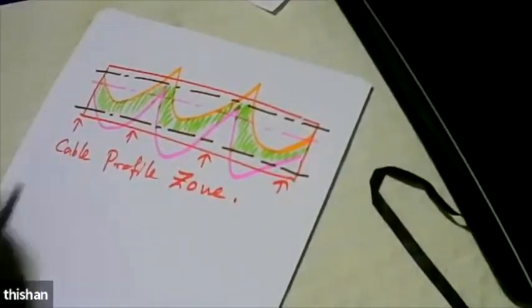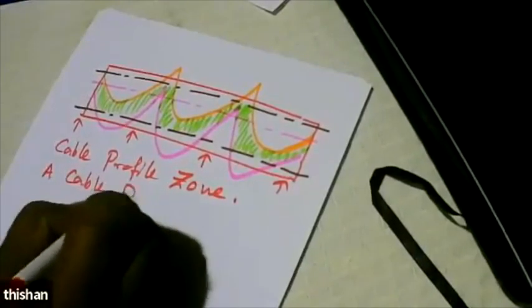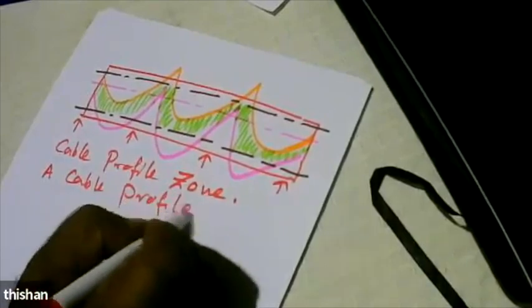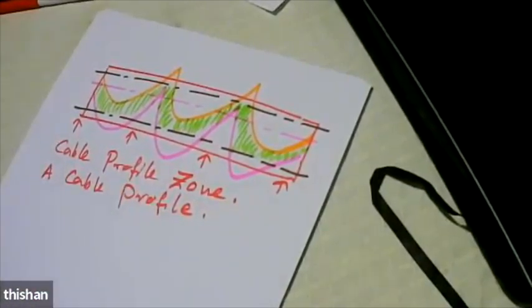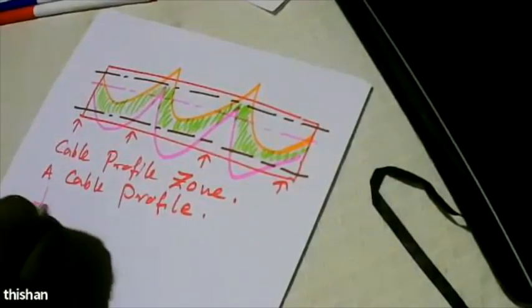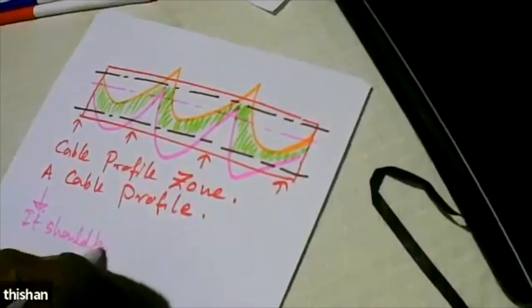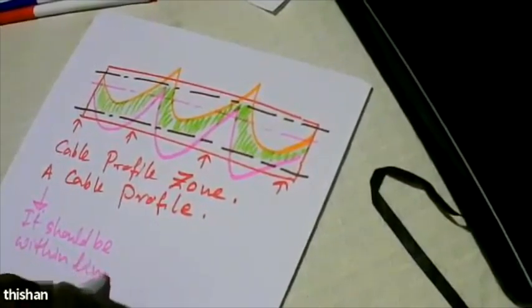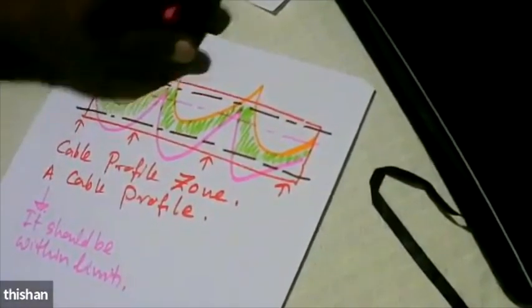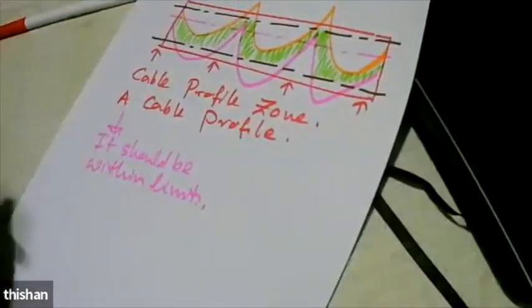Right. Now we have to select a cable profile. It has to satisfy two conditions. One is it should be within limits. Within limits. It's one. What is the second condition?